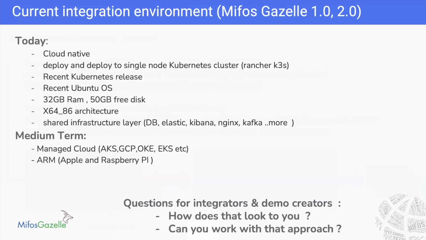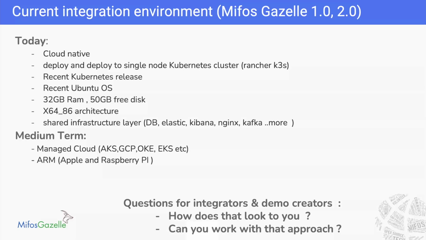But I hope that makes sense, because I think it's a really nice opportunity. The current integration environment for Mifos Gazelle 1.0 and 2.0, i.e. our current release and the next one, we're assuming today cloud native.